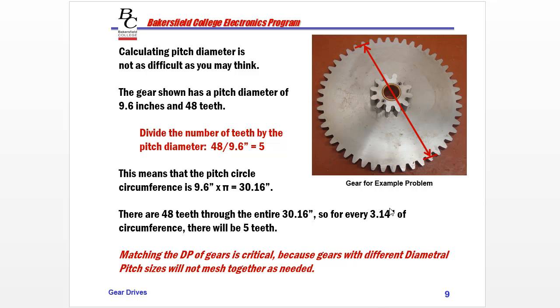In this case, for every 3.14 inches of that circumference going around, 5 teeth are going to mesh. Now, if we had a different diametral pitch, say of 3, that means for every 3.14 inches, we would only have 3 teeth meshing. Well, there's no way you could have 2 gears with different diametral pitches, 3 teeth and 5 teeth, for the same amount of movement and have them mesh. So matching that is very important.